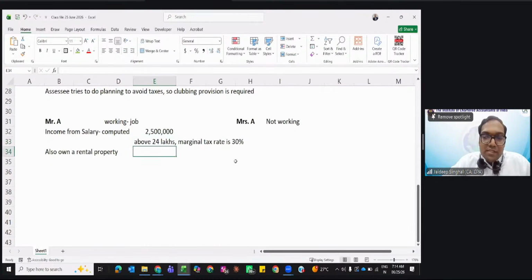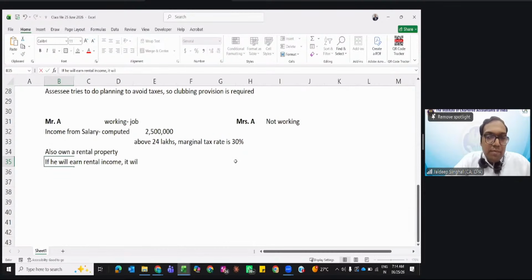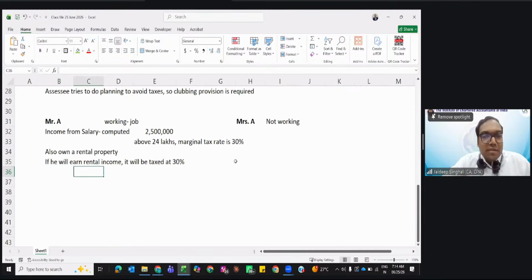Marginal tax rate is 30%. He owns a rental property, so if he earns rental income, it will be taxed at 30%. Yes, Arun Sagar, the section 24 deduction will be there.